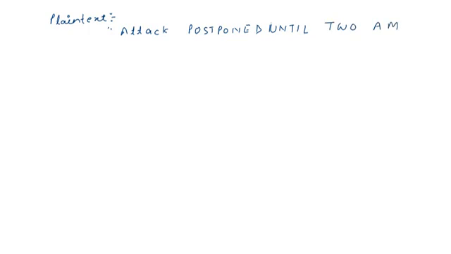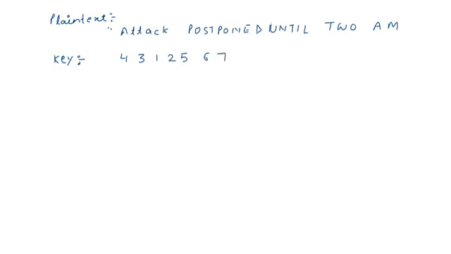Let's say this is the plain text and we are going to write it in a rectangular form. But how do we create the rectangle? Let's say the key for this kind of encryption is 4-3.